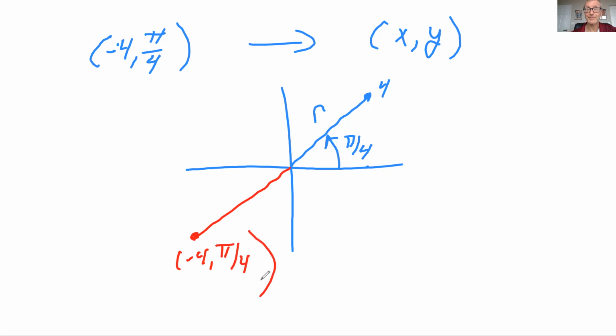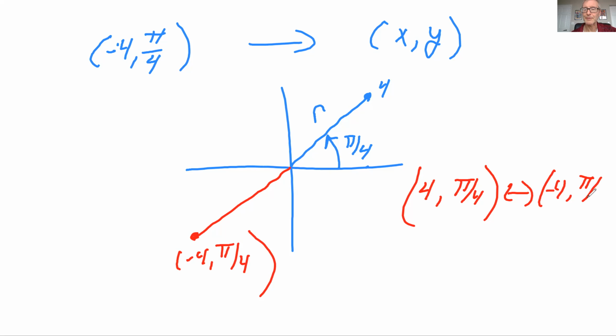Another way to think about this is that the relationship between 4 and pi over 4 and -4 and pi over 4 is 180 degrees, right? So if you think about it, if I add pi to this, and you do +4, then you get 5 pi over 4, right?